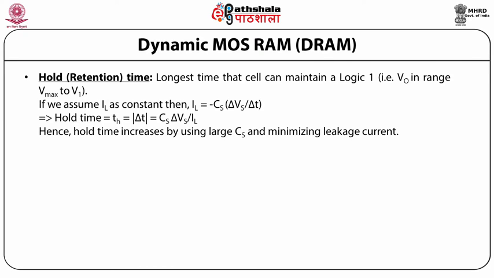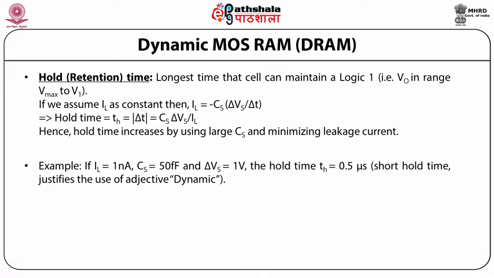Students, let us consider an example. Now, if IL equal to 1 nanoampere and Cs equal to 50 picofarad and delta Vs equal to 1 volt, then the hold time is TH equal to 0.5 microseconds. Memory cells must be able to hold the data till the power is applied.